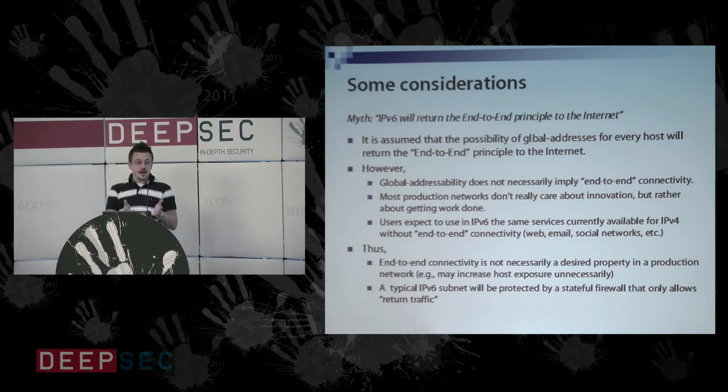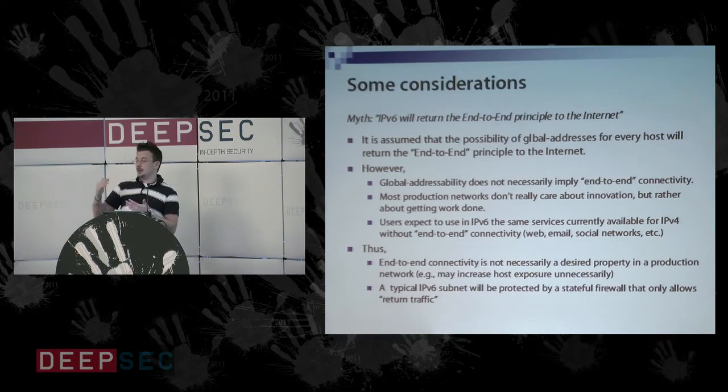So even the IETF has standardized home routers which would violate this end-to-end connectivity. The way I think things are heading is that even when you will have global unicast addresses for all your systems, when it comes to connectivity it will be essentially the same as right now. You will only be able to make outgoing connections, but you won't get incoming connections unless, of course, you manually enable that.